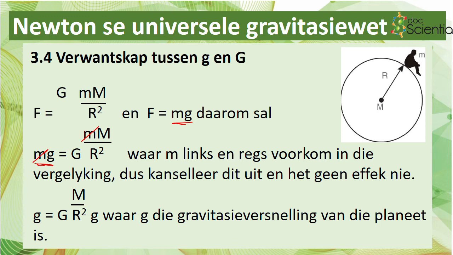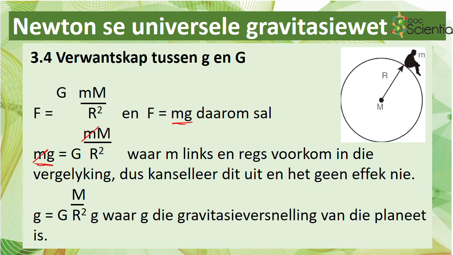Because the mass of the object does not influence gravitational acceleration. Do you see that? Because mathematically they cancel out one another. What actually influences the gravitational acceleration is only the mass of the planet and the size of the planet. In other words, the radius of the planet.